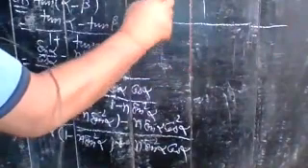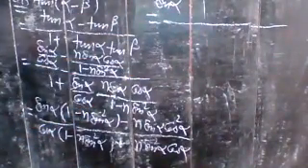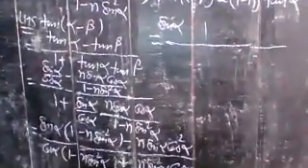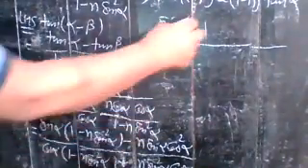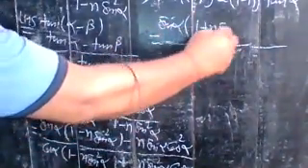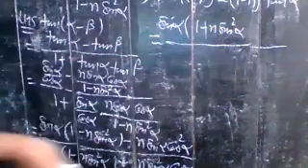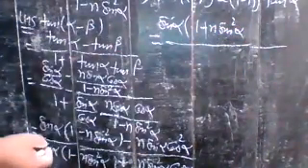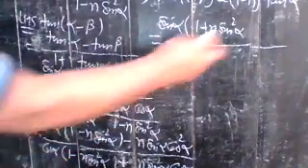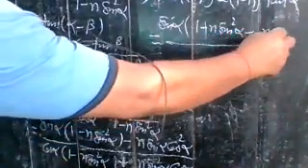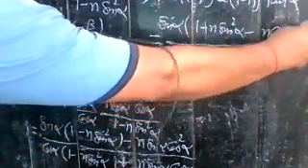If you take common sine alpha from numerator, then you have 1 minus n sine square alpha minus n cos square alpha.